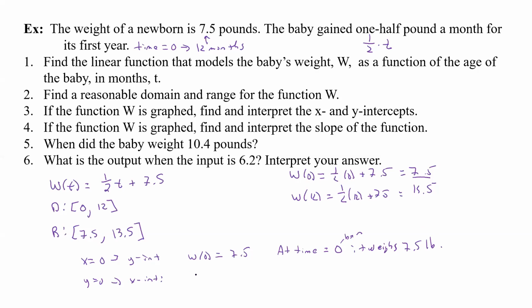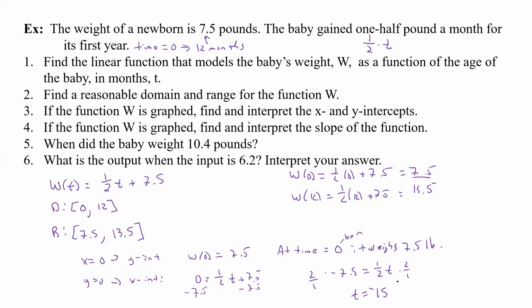So we'll have 0 equals 1/2 t plus 7.5. So we'll subtract 7.5 from both sides. And so then that says negative 7.5 is equal to 1/2 t. Multiply both sides by 2 over 1. And so t then is going to give us negative 15.